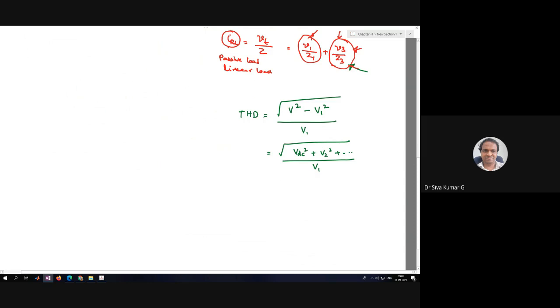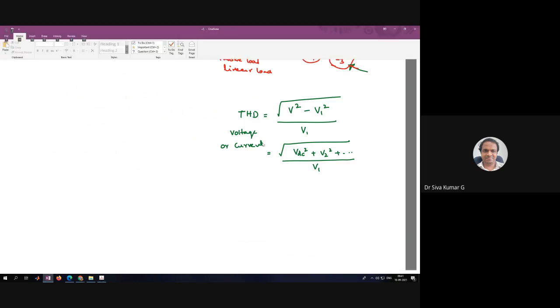Okay, this way you'll be evaluating the total harmonic distortion with respect to the voltage or current also. Okay, this gives the effective harmonic content in a system.